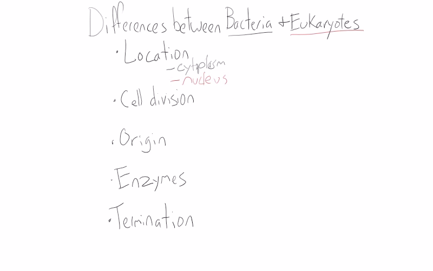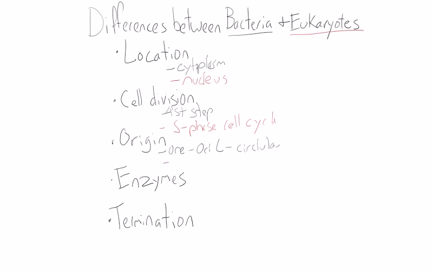For cell division, in prokaryotes, DNA replication happens during the first step of cell division. And for eukaryotes, it happens during the S phase, or synthesis phase, of the cell cycle. For the origin, for prokaryotes and bacteria, there's only one, the ORI-C, and that's because it has a circular chromosome.